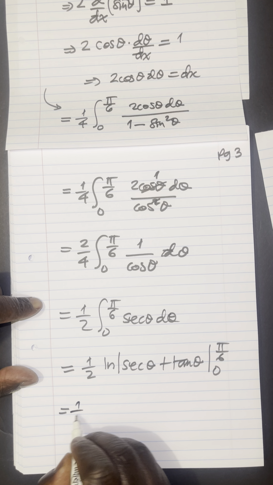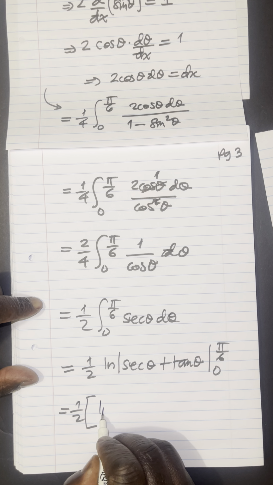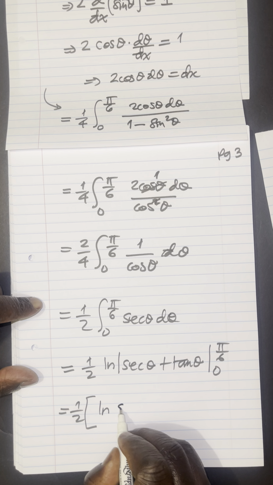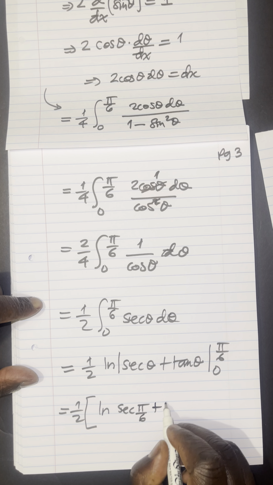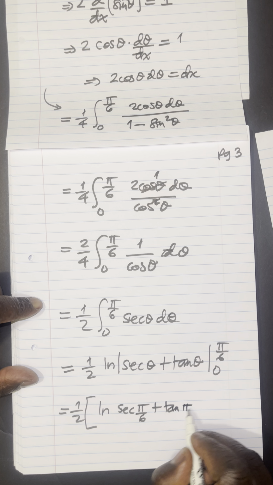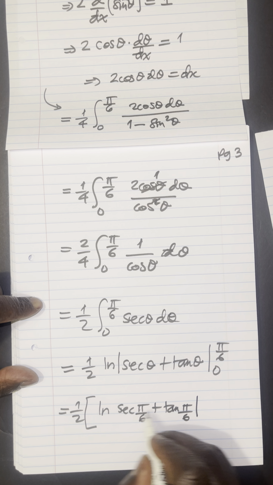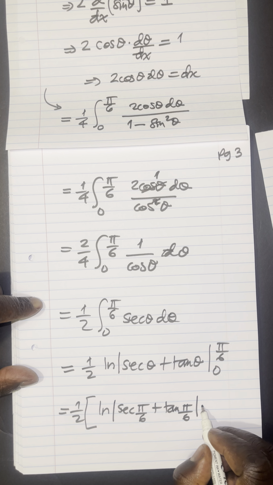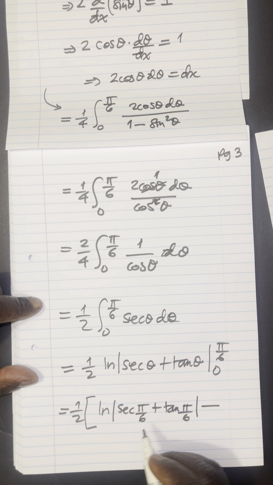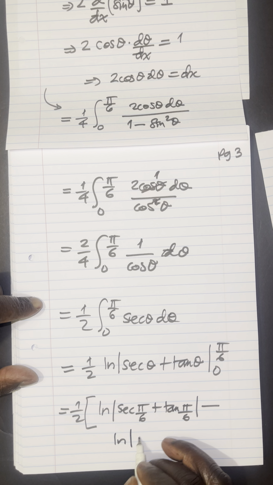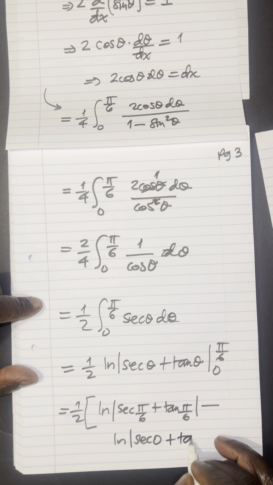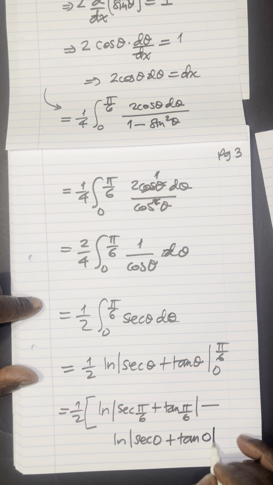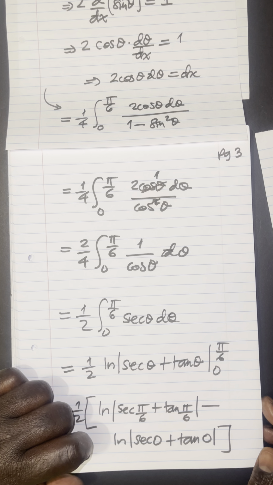Keep half out like this, natural log of sec pi by 6 plus tan pi by 6, we can keep that for now, minus natural log of sec of 0 plus tan of 0, like that. Right, finishing this off.